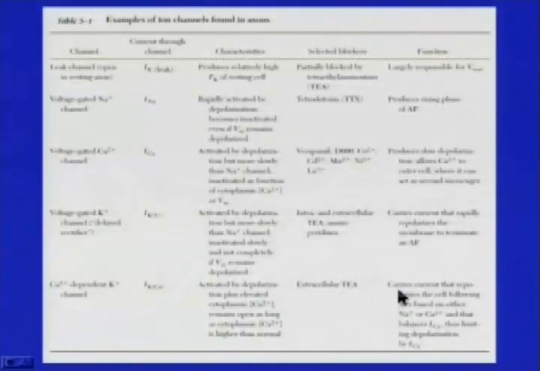So this carries current that repolarizes the cell following the action potential based on either sodium or calcium, and that balances the I sub Ca, the voltage-gated calcium channels, thus limiting depolarization by the voltage-gated calcium channels.